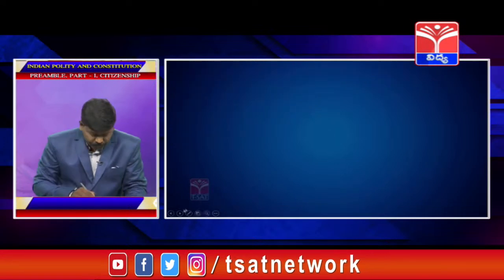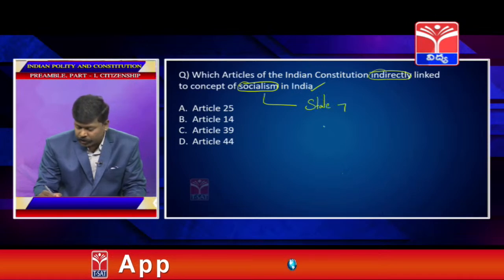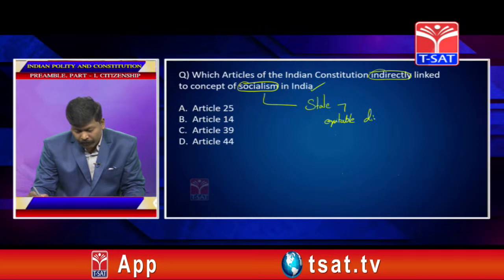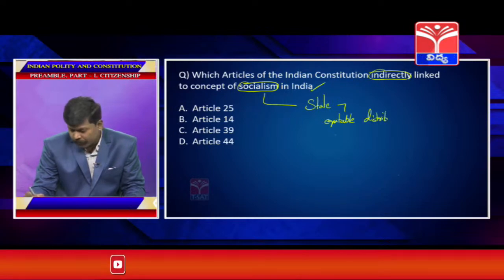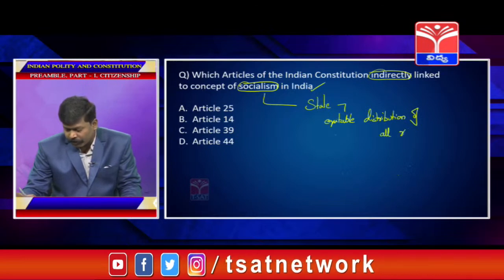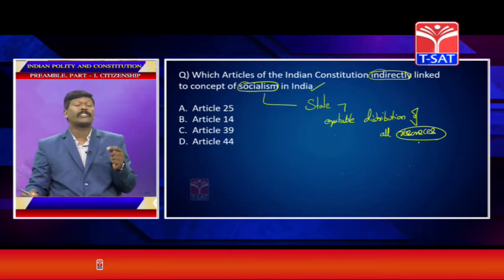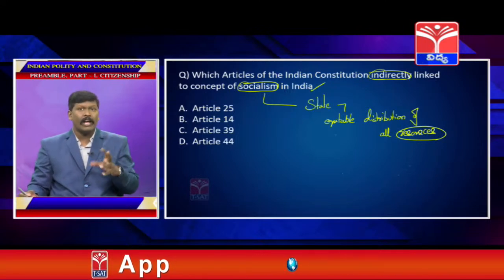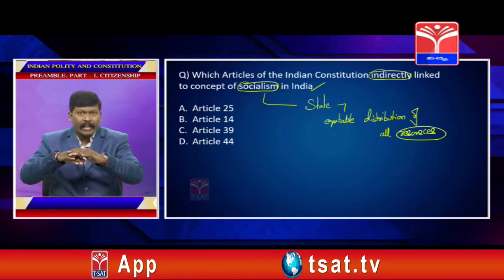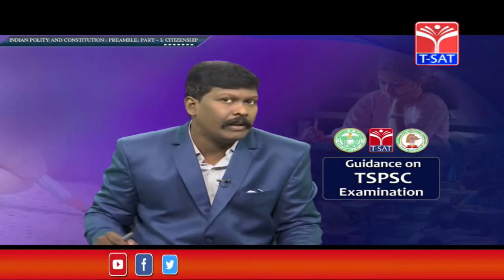It is the duty of the state to ensure equitable distribution of all resources. In India, all the resources shall be equitably distributed, so that there is equalness and equity in the society.